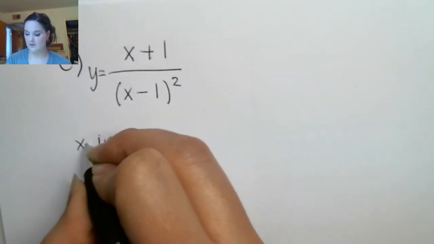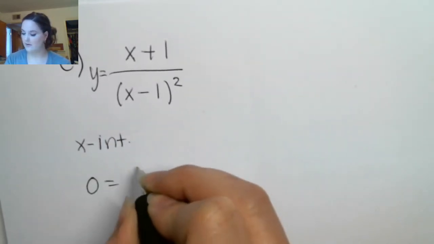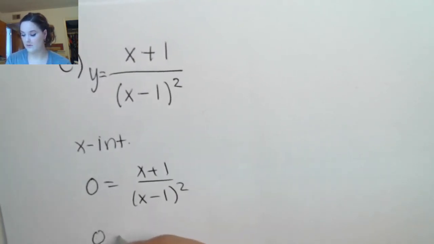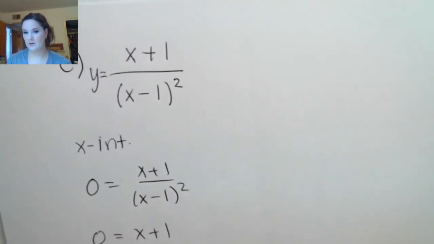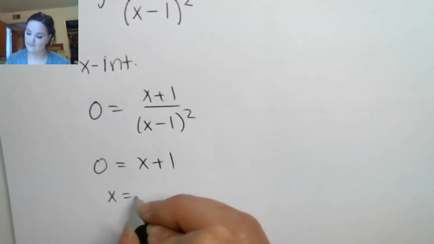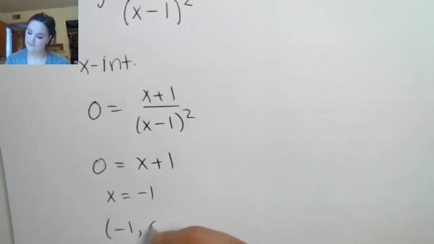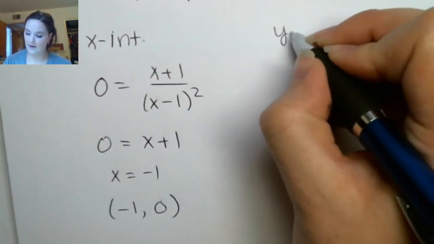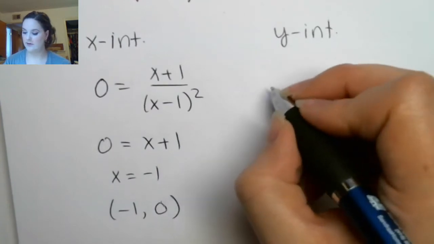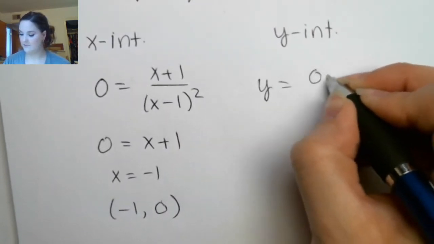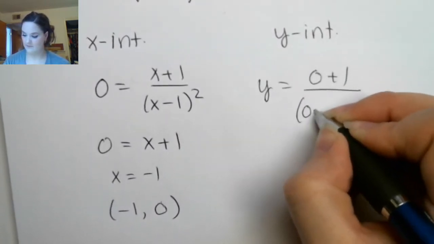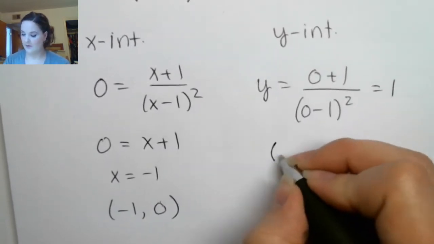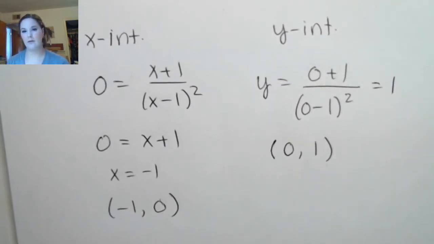I'm going to set y equal to 0. Okay, so I get the intercept -1, 0. And then to find my y-intercept, I'm going to set x equal to 0. Okay, and I get my y-intercept 0, 1.